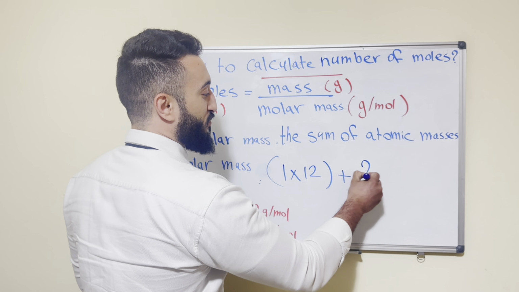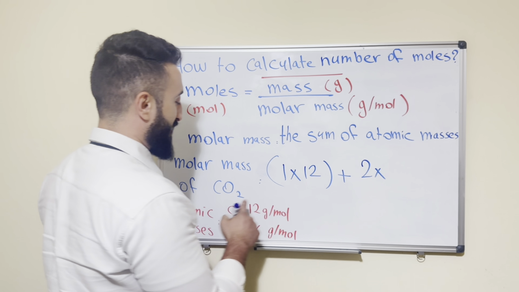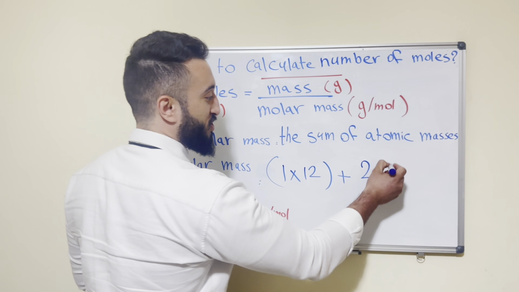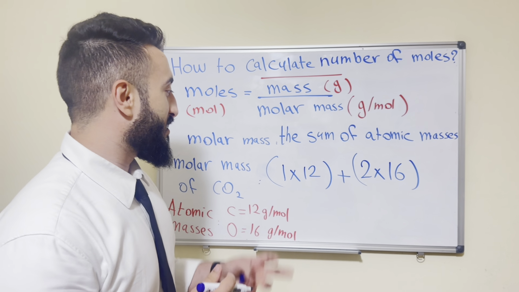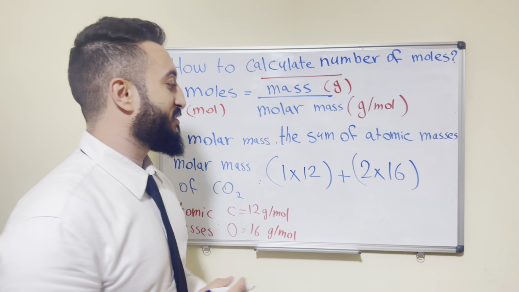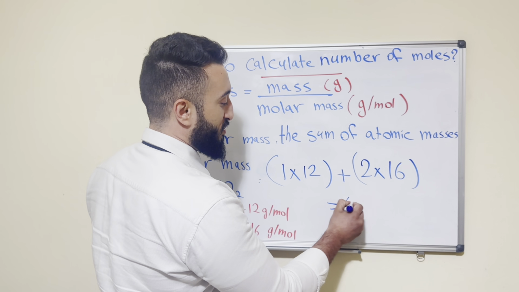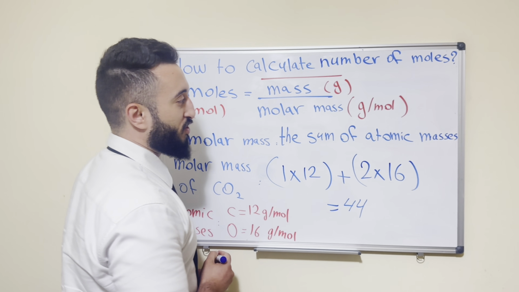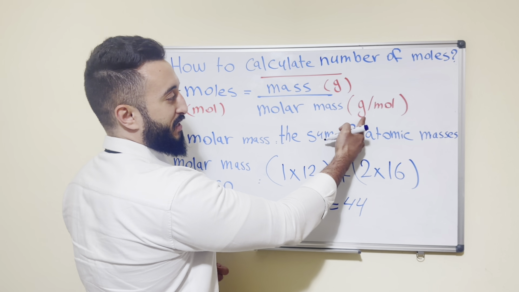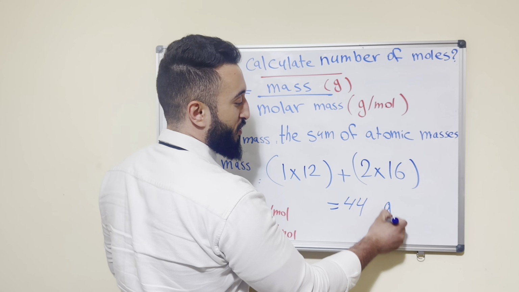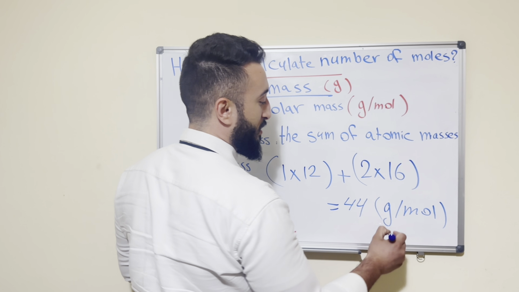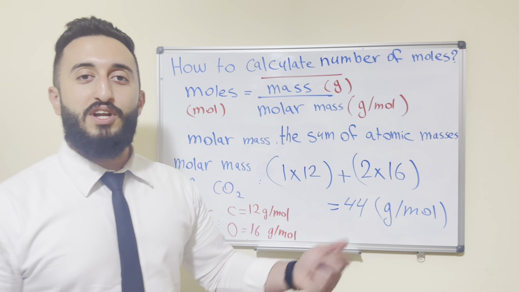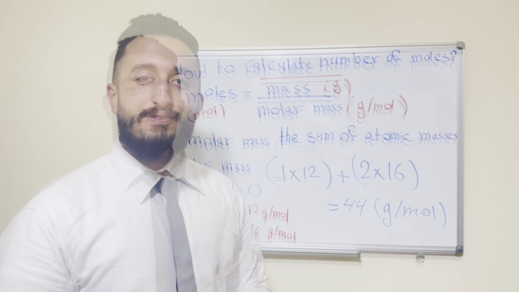So the number of oxygens is 2 times the mass of oxygen, which is 16. So let's add them together. 12 plus 32 equals 44, and the unit of molar mass is gram per mole. So the unit here will be gram per mole. And that's it. That's the molar mass of carbon dioxide.